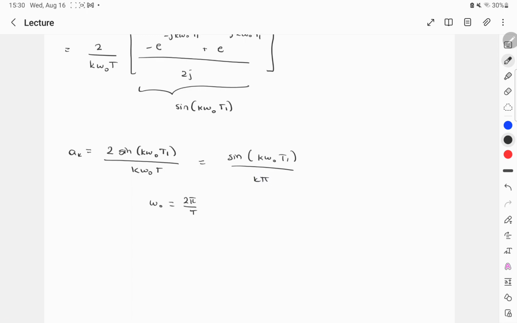So this is the Fourier series coefficient if k is not equal to 0, and we have concluded this question.